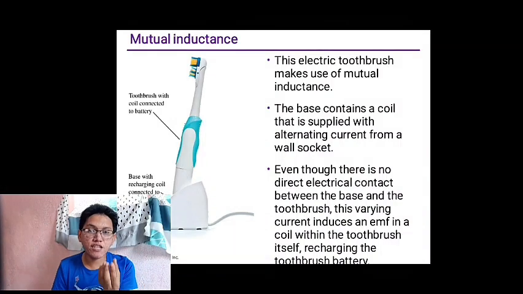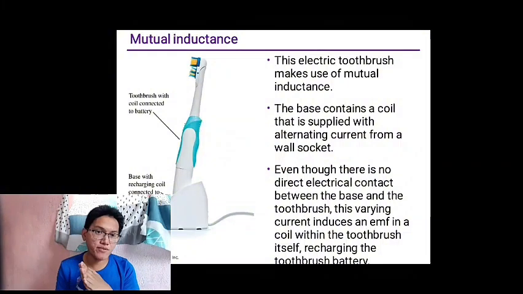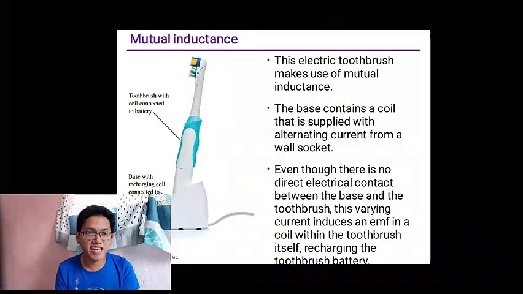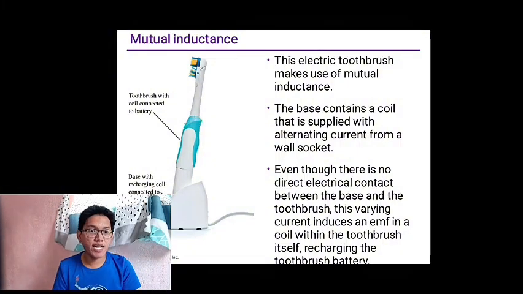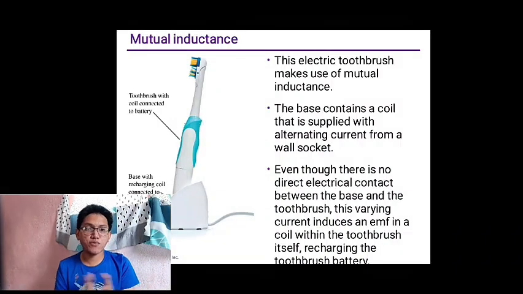The changing magnetic field induces an EMF in a coil inside the toothbrush, which recharges the battery. This is a safe and practical use of mutual inductance. It is very nice to imagine that we have that kind of technology, which is something we have been enjoying nowadays.